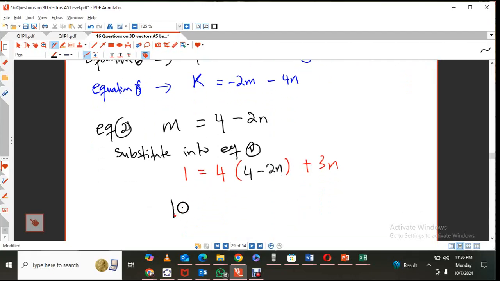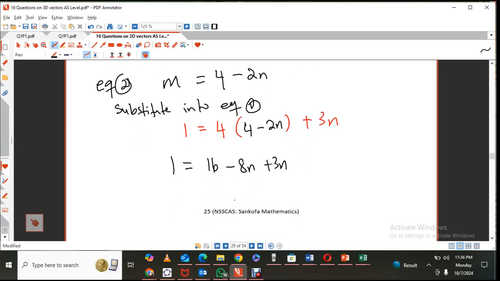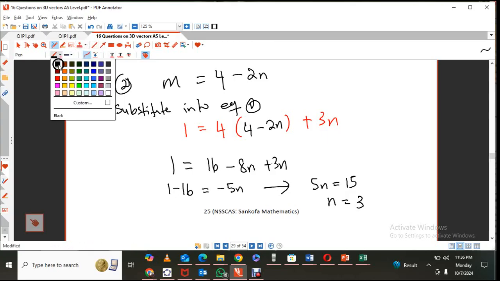So this is 1 equals 16 minus 8n plus 3n. So we move around. This is going to be 1 minus 16 equals minus 5n. All this is 5n equals 15 and n equals 3. Okay. Now I'm going to come back here because of space.